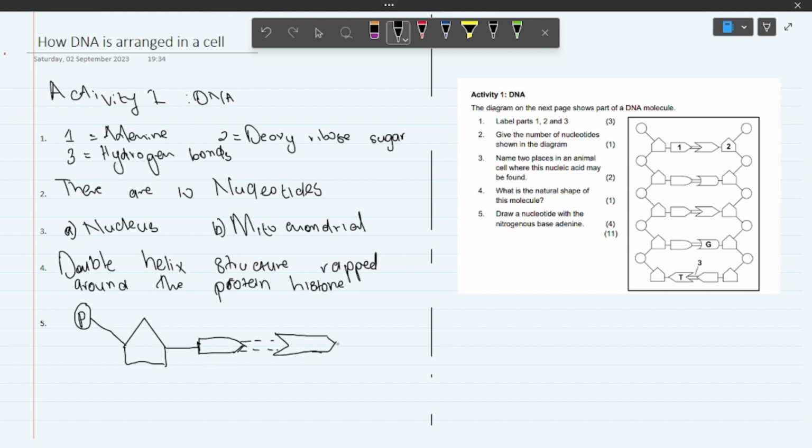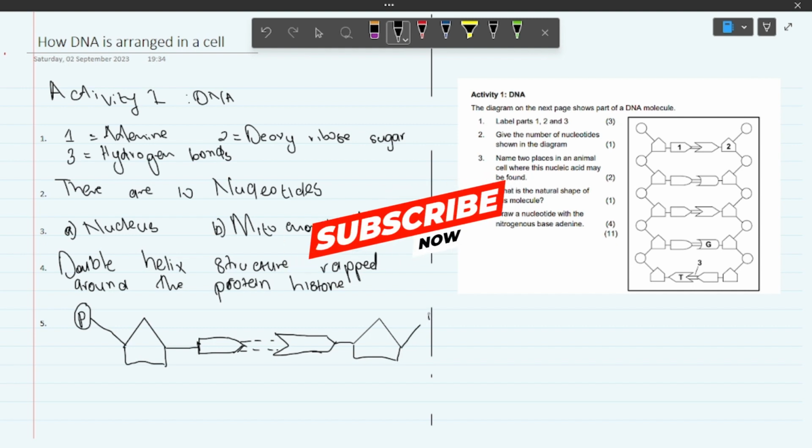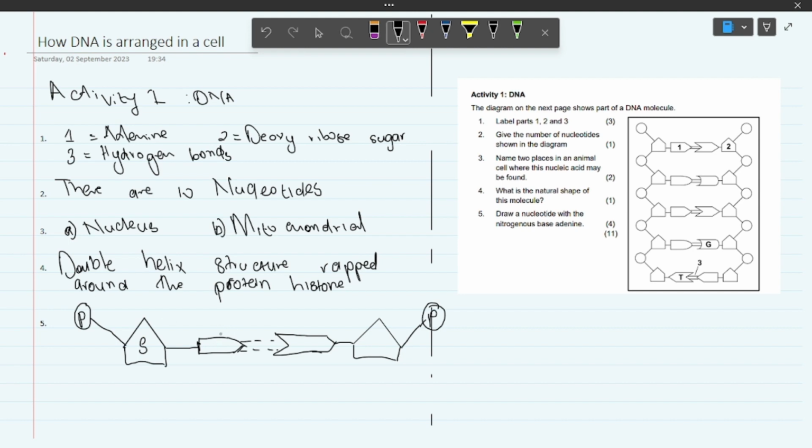Right, so this is how it's going to look. Right, so this is the sugar. And then these are our monomers. This is our nucleotide. This is adenine, and this is thymine.